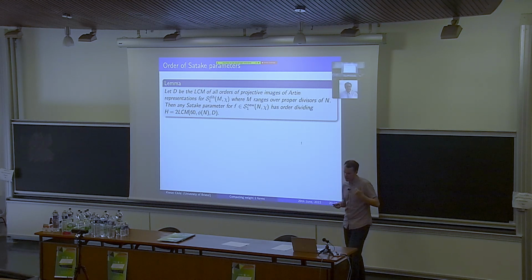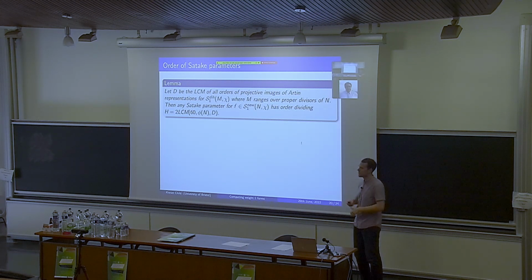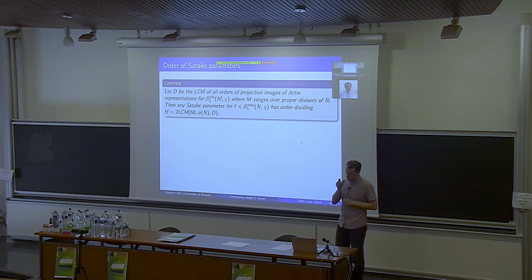If we have D being the lowest common multiple of all orders of projective images of Artin representations in the dihedral space, remember we know all of them, and so D is that, and then we have H being twice the LCM of 6D and the totient function of n, then all of our Satake parameters are going to have order dividing this H.